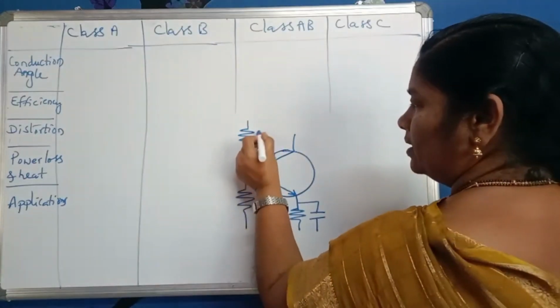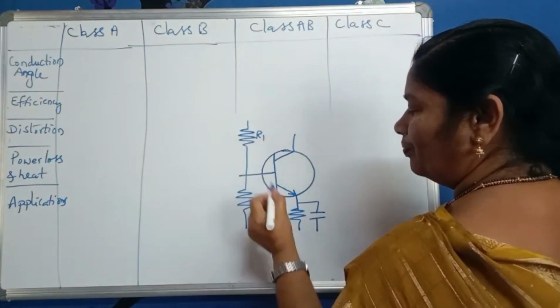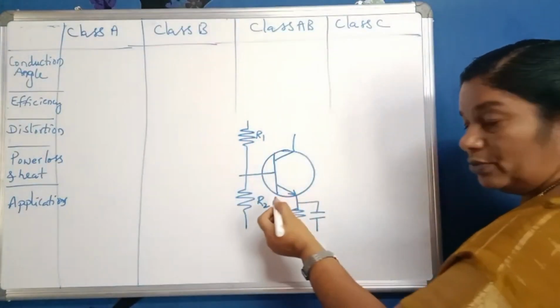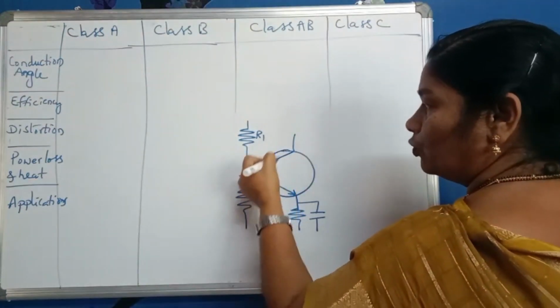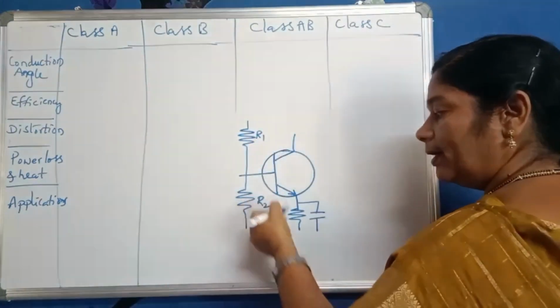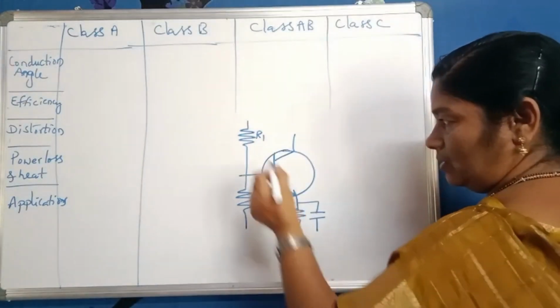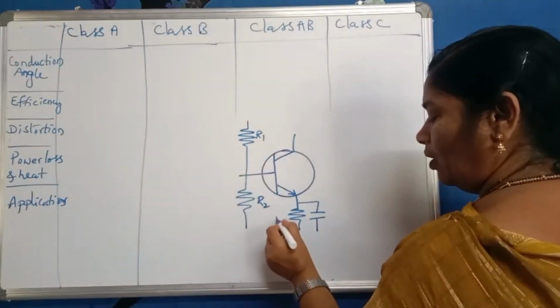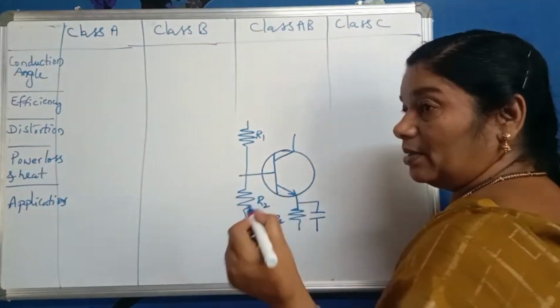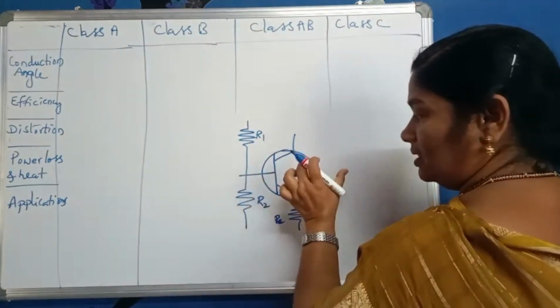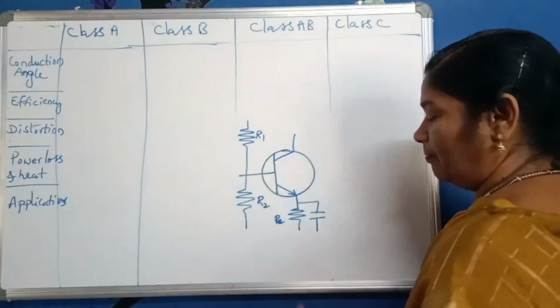This biasing circuit R1 and R2 is used here to keep the output junction reverse biased and the input junction forward biased. So this is called biasing. And RE is the stabilization resistance, which keeps the temperature effects on this circuit to a minimum.